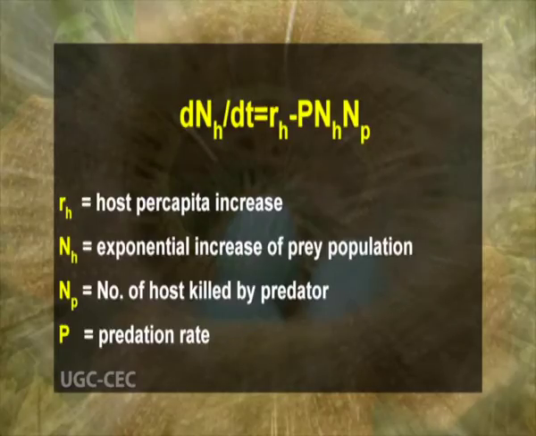The rate of change in the population of prey is given by the equation dNH/dt = RH NH - P NH NP, where RH is the host per capita increase, NH is the exponential increase of prey population, NP is the number of hosts killed by predator, and P is the predation rate.